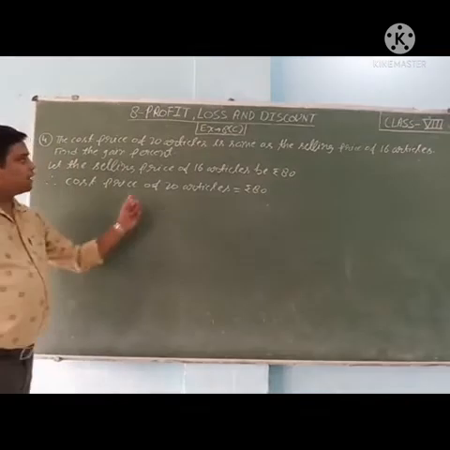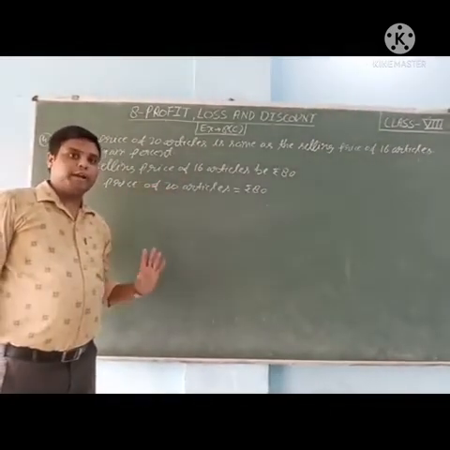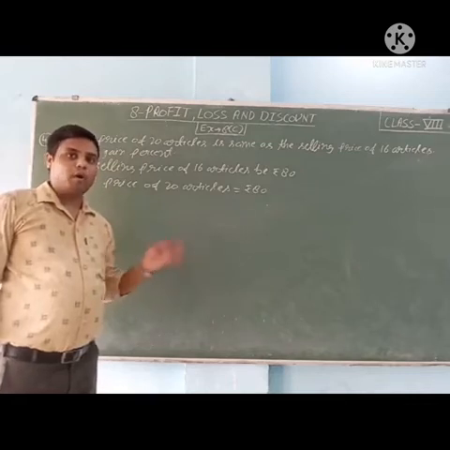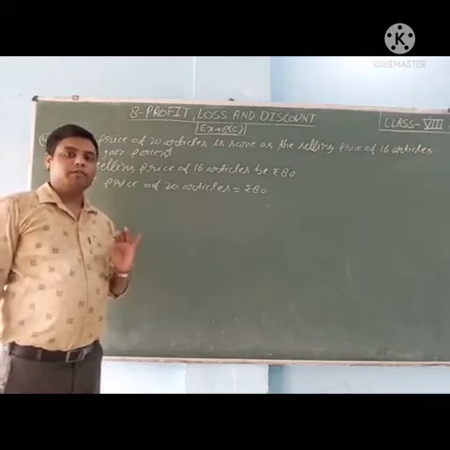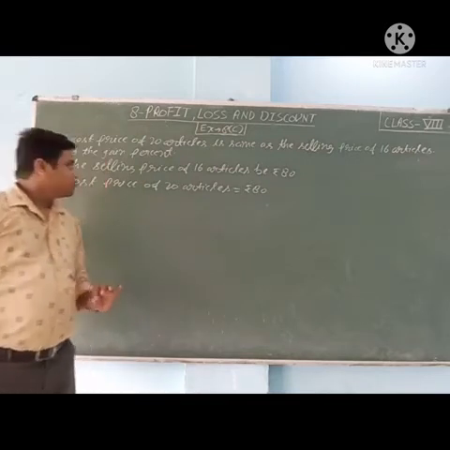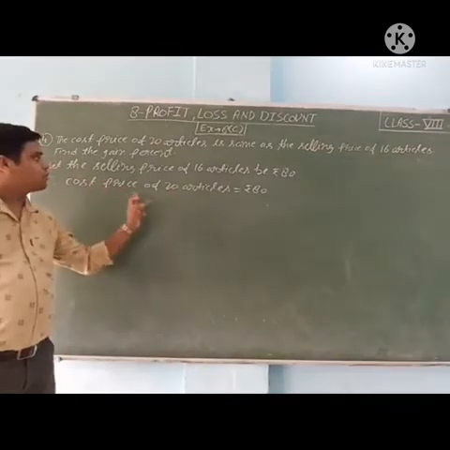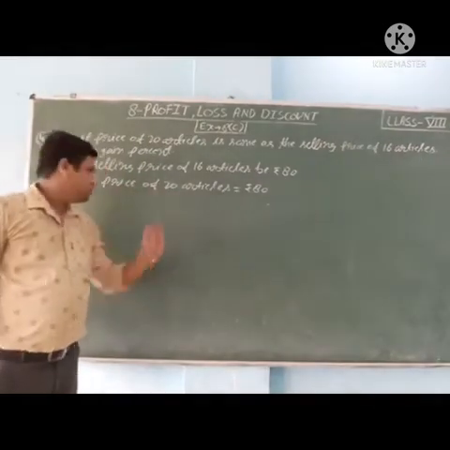So we have the selling price of 16 articles and the cost price of 20 articles. To identify the profit or loss, we must have the CP and SP of the same number of articles. So they are not of the same number of articles. So we will find the cost price of 16 articles.